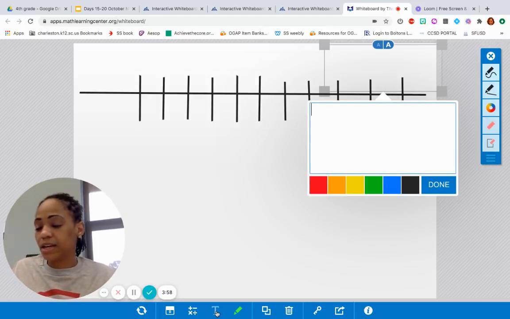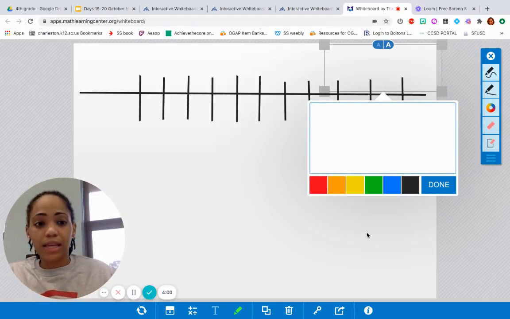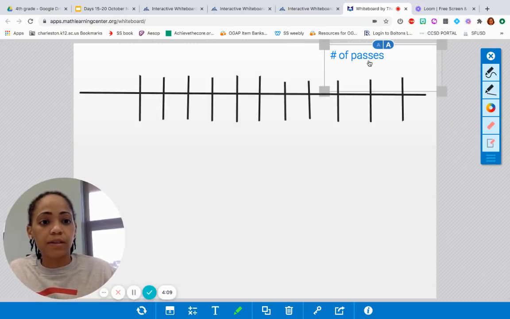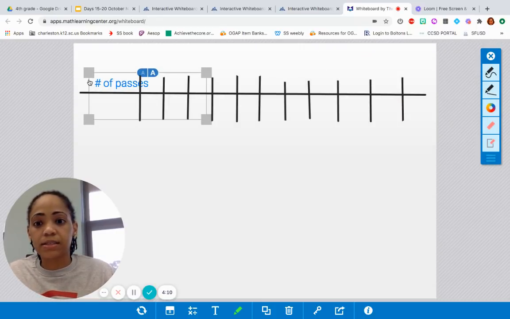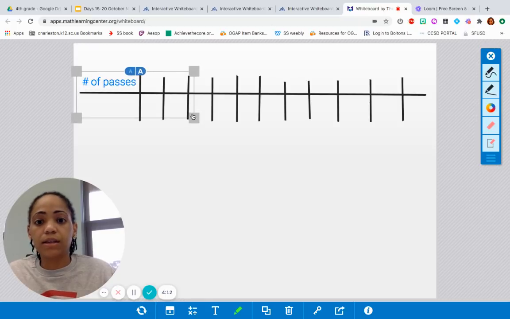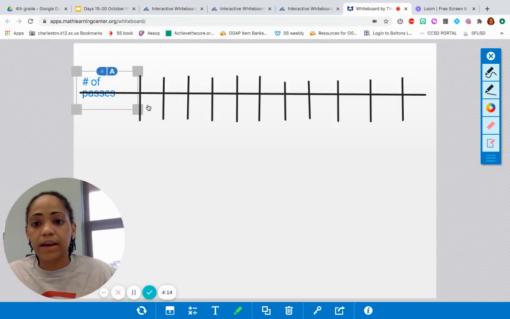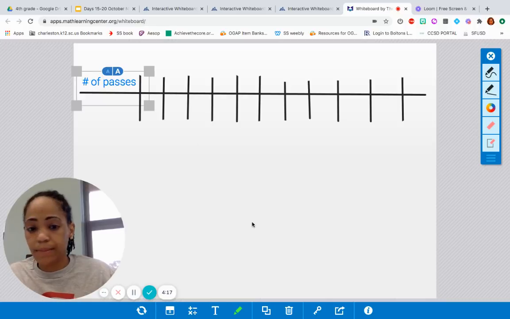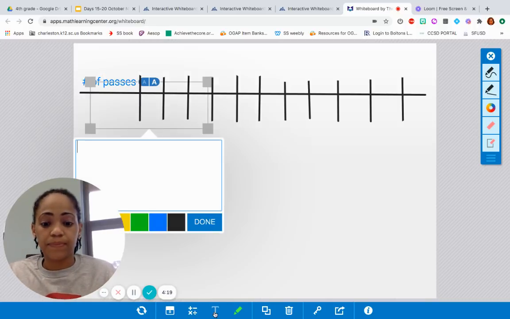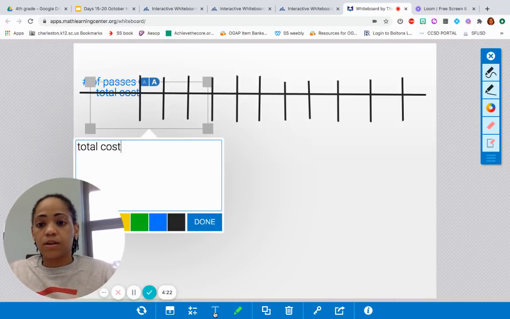So the very first thing I'm going to do is I'm going to label my ratio table here. So you need to do the same. We have number of passes, and we have the cost per pass, or the total cost, I'll say. Okay.